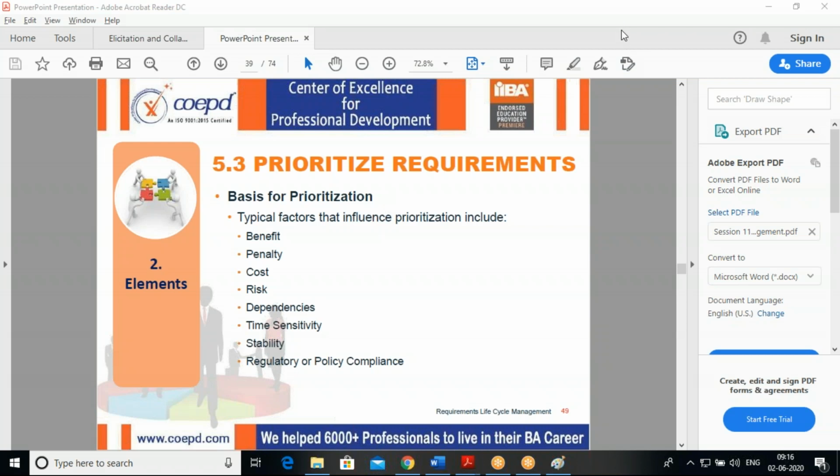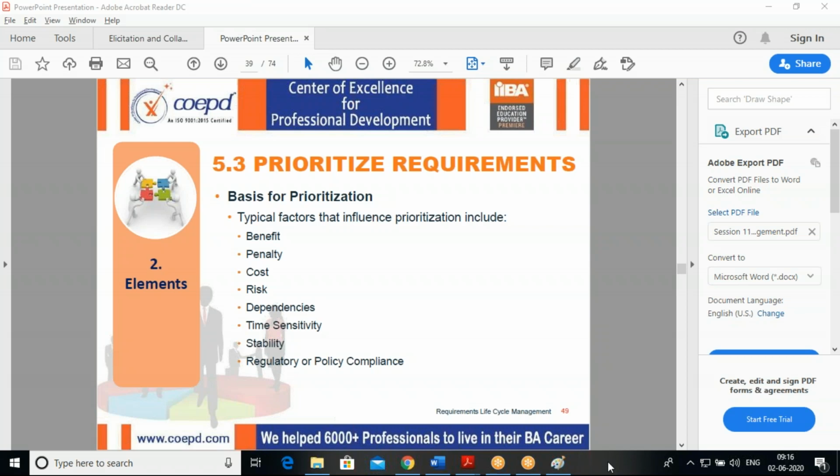So we'll start with Madhulika. Prioritization for the respective case study would be the dependencies and the cost, because time sensitivity wasn't mentioned in the case study, and regulatory compliance is also not a part of it.